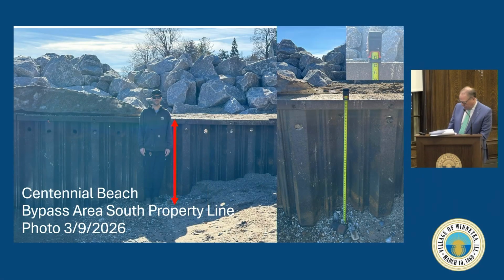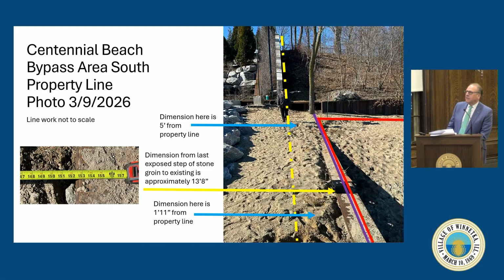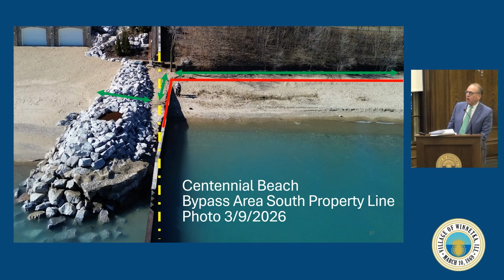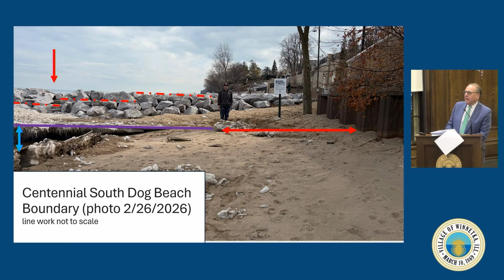So it seems intuitive to us that the direction being discussed in the current plan would bring people over the stairs and then west so that they could go to that bypass area and safely continue their walk along the shoreline. I think what's being proposed is consistent with previously issued permits, both by IDNR and the village.